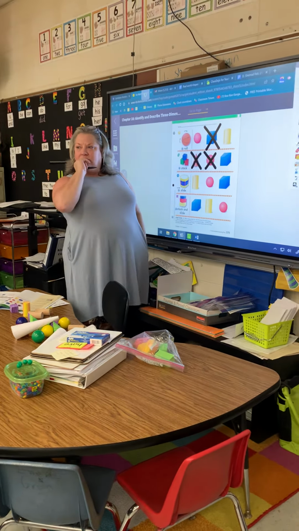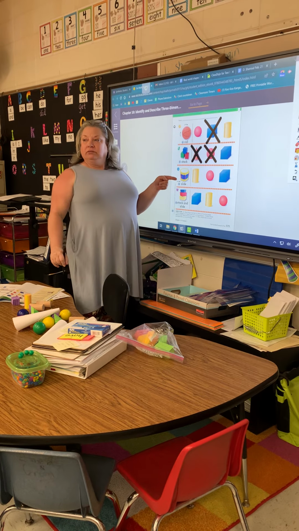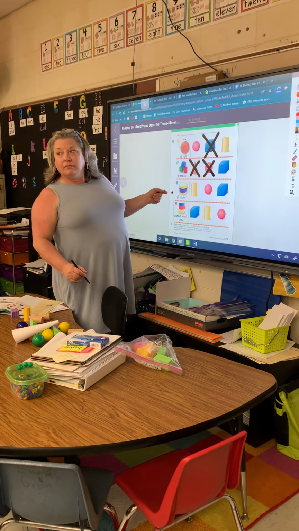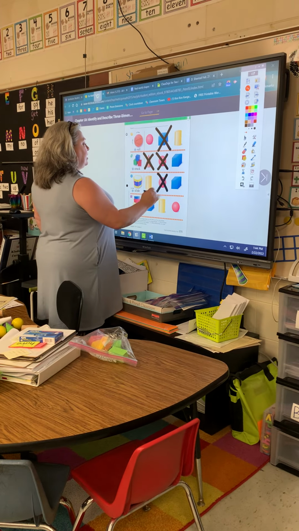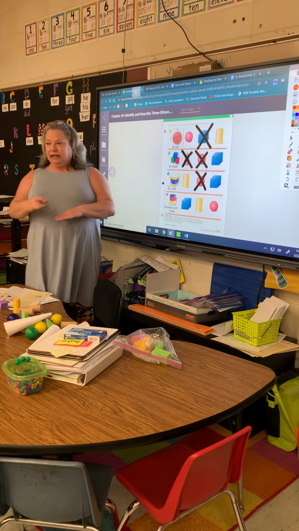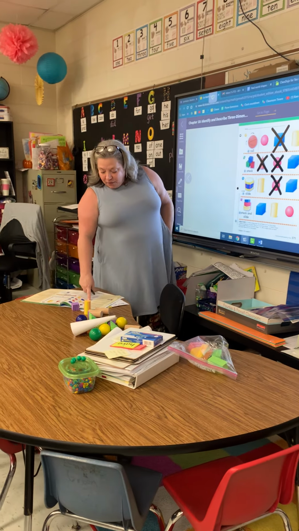Camden? The sphere. Very good. Because the cylinder and the cube, they could both slide on their flat ends. They could slide. All right.